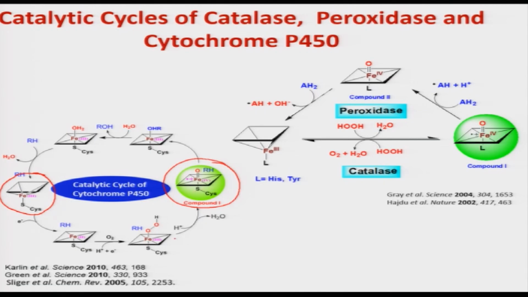If you look at the catalytic cycle of peroxidase and catalase, this is once again the resting state of the enzyme, and in both these cases, catalase and peroxidase, it also goes through the same reactive intermediate, called compound I, displayed here, the iron(IV) oxo cation radical. So, it goes through the same reactive intermediate and substrate oxidation takes place.